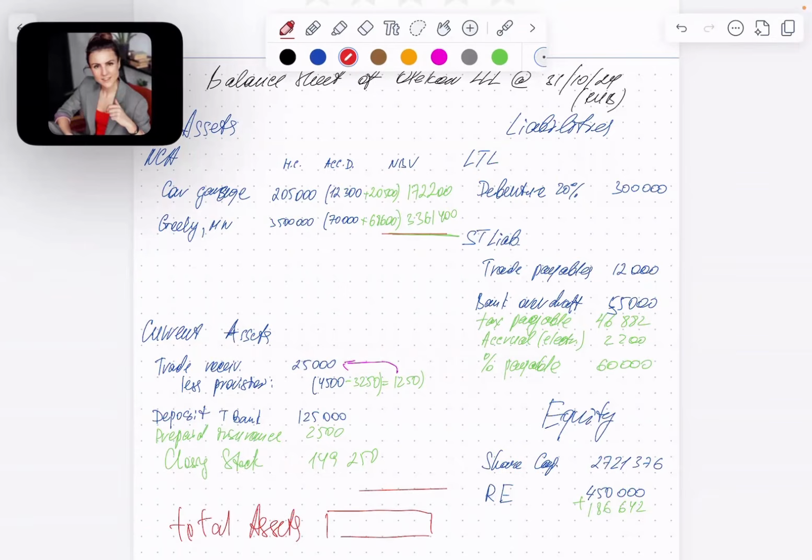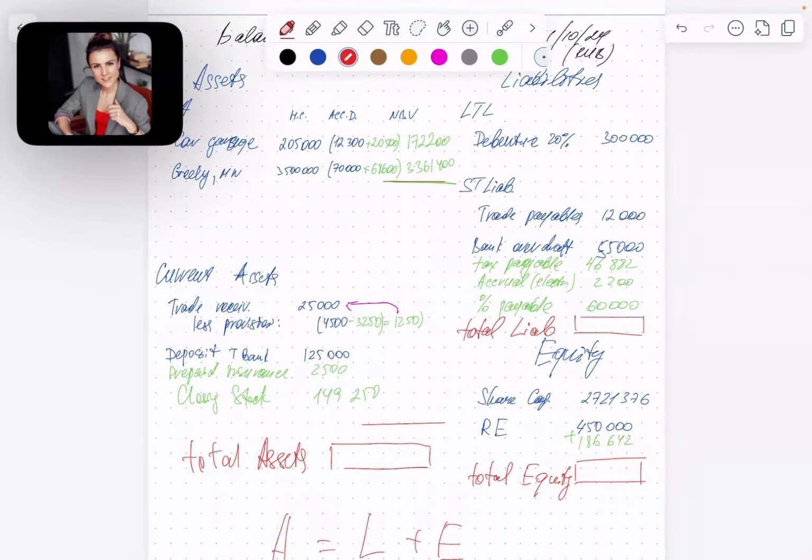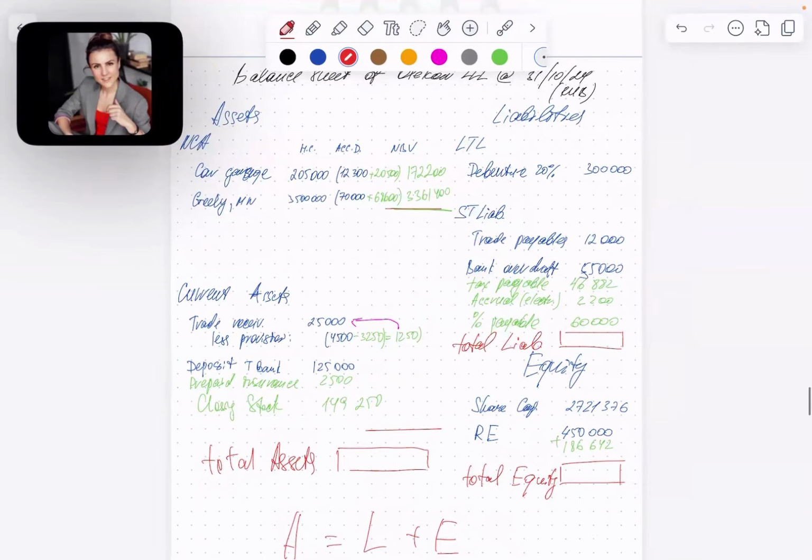If you sum up short-term and long-term liabilities, you're going to have total liabilities here. And if you sum up share capital and retained earnings at the end of the year, you're going to have total equity. And total equity plus total liabilities should lead to total assets. So please calculate totals for your balance sheet and make sure that it is in balance.